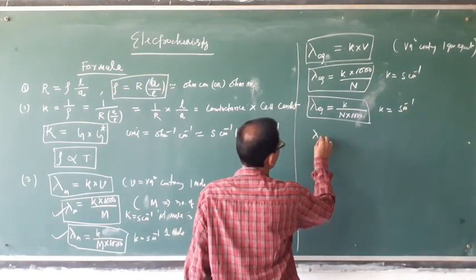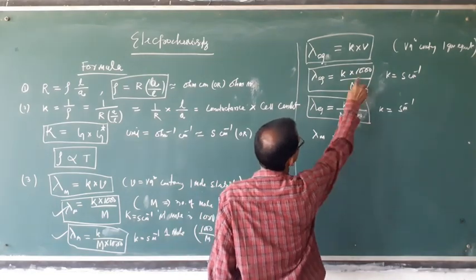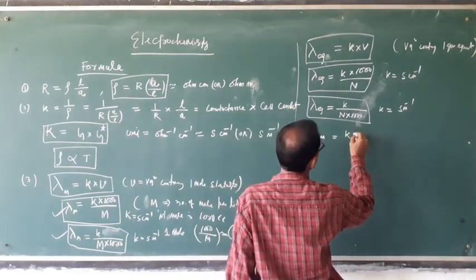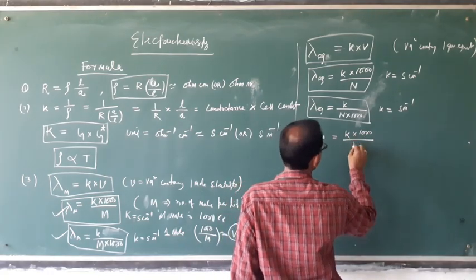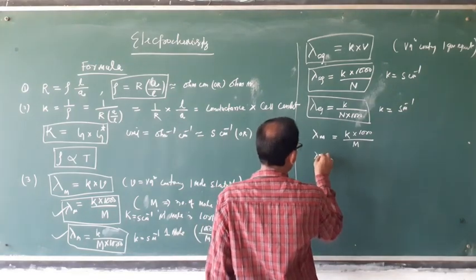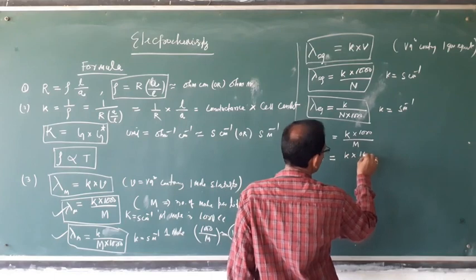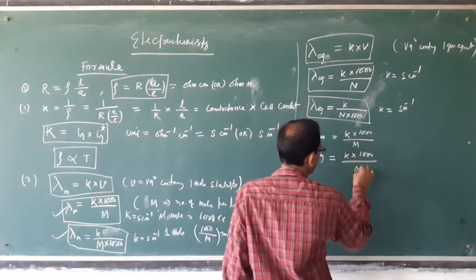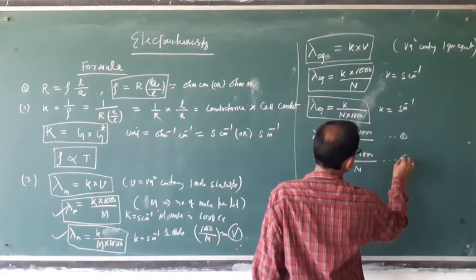Lambda m is equal to kappa into 1000 by capital M, and lambda equivalent is equal to kappa into 1000 by N. Suppose this is equation 1 and this is equation 2.